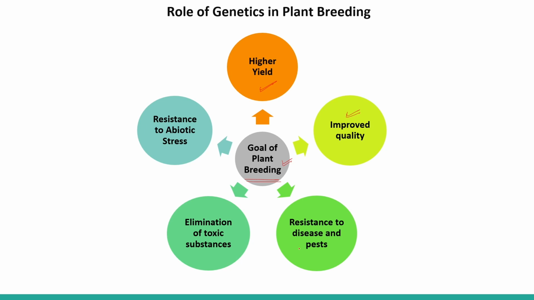We can have resistance to disease and pests, and we can minimize our loss of crop every year by using plant breeding technique, right? Elimination of toxic substances and resistance to abiotic stress. So all these are the goals of plant breeding. We will see how it happens, right?